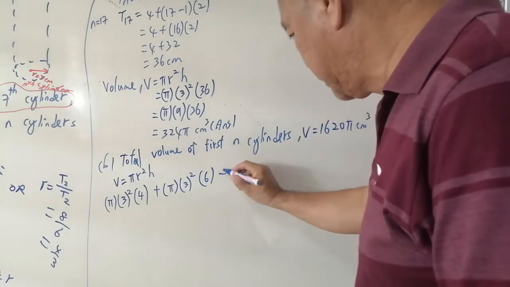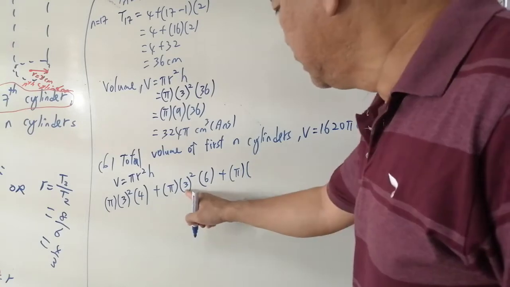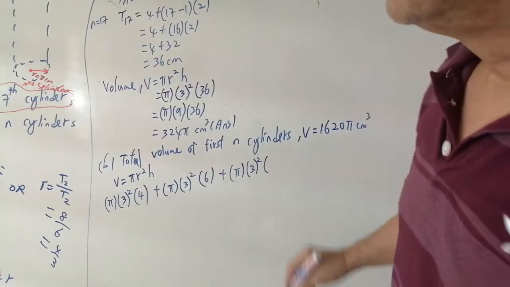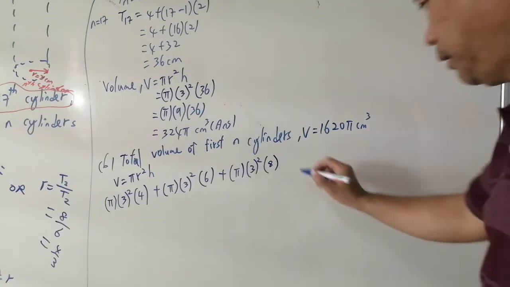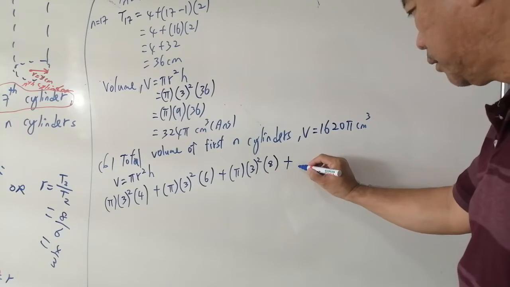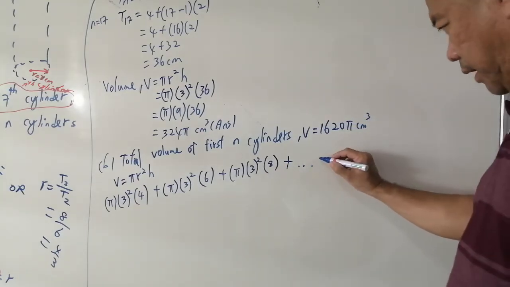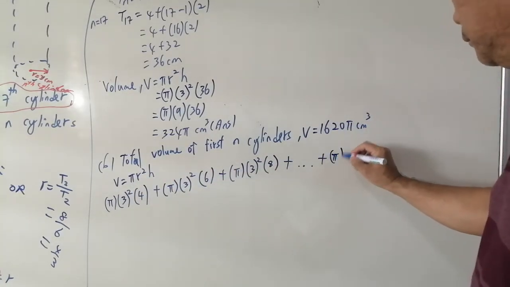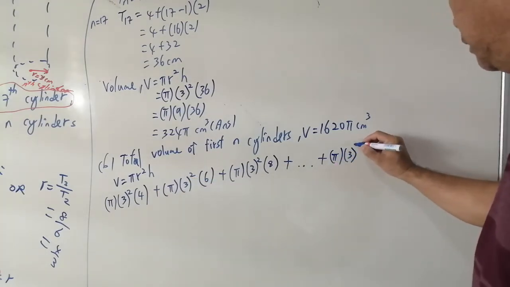Then plus pi, my radius is 3 squared, then the height of the third cylinder is 8. Then plus dot dot. Then need to plus pi, my r remains the same thing, radius is 3.